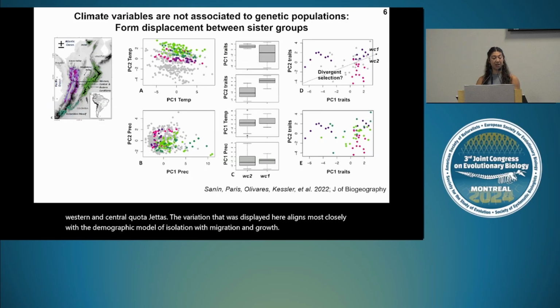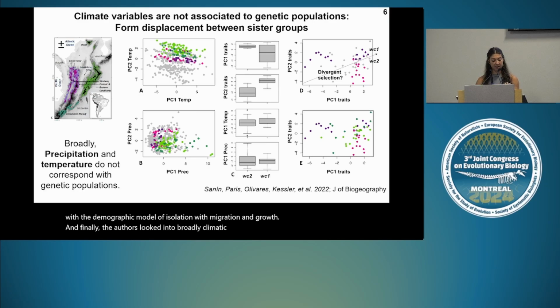Finally, the authors looked into climatic variables, and they found that precipitation and temperature do not correspond with genetic populations, meaning that we think they're not playing a role in divergence of these genetic populations.